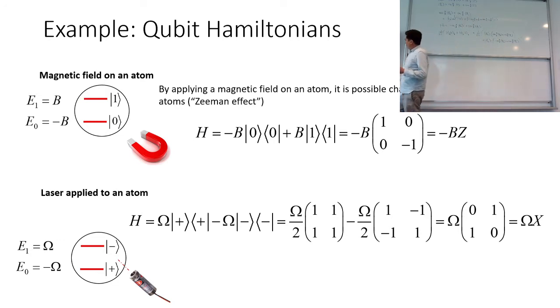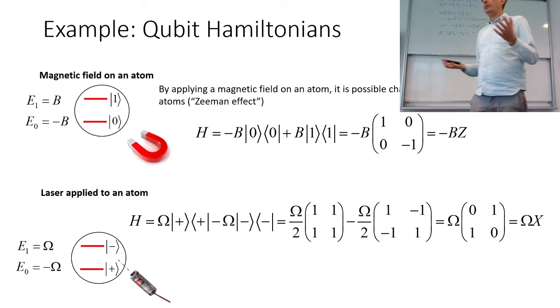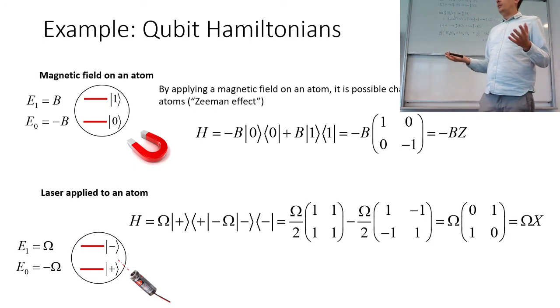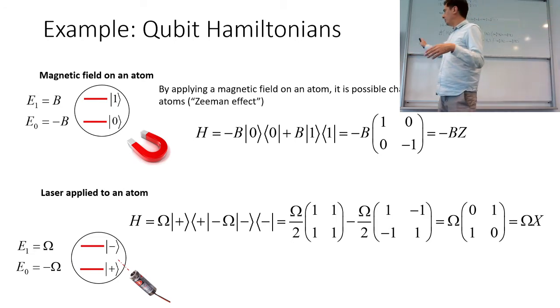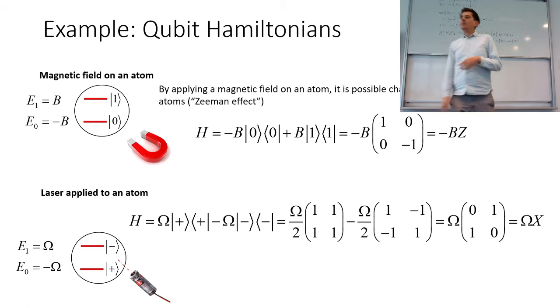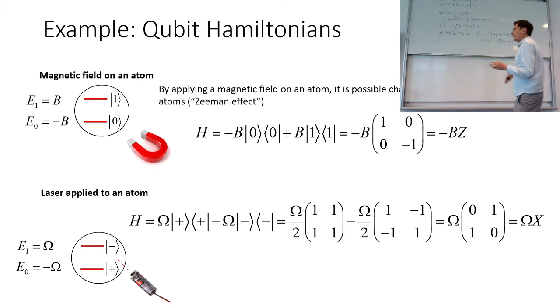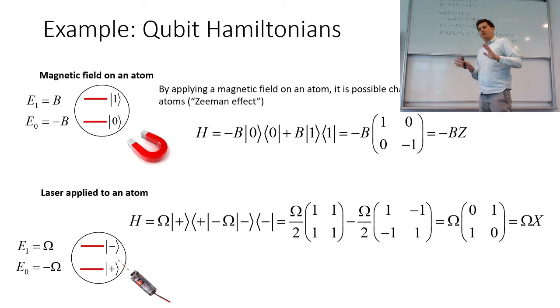But it doesn't always have to be in this diagonal form, just like how we learned that you can have different bases to describe different states. Remember when we were talking about measurement, you could be measuring in the 0, 1 basis or the plus minus basis or some other basis. Just like that, the Hamiltonian could also be in some other basis which is not 0, 1.